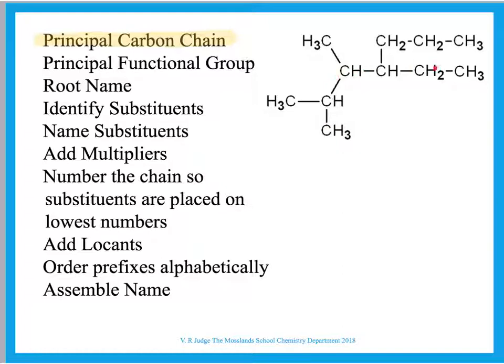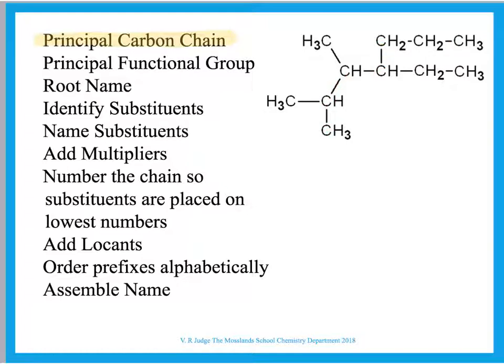So that one is a 6 carbon chain. 1, 2, 3, 4, 5, 6. But I've also got this bit up here, so I need to make sure that I'm not missing that out. So if I include that, 1, 2, 3, 4, 5, 6, 7. So that is actually our longest carbon chain down there.